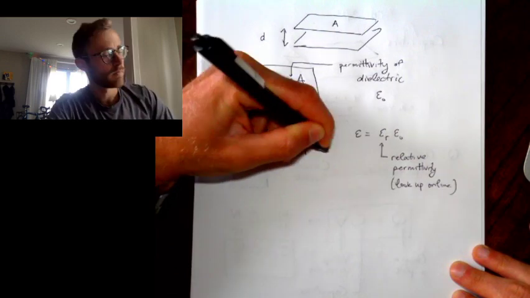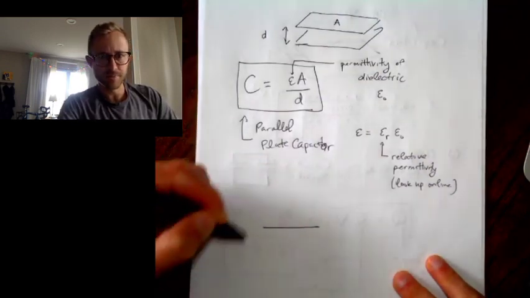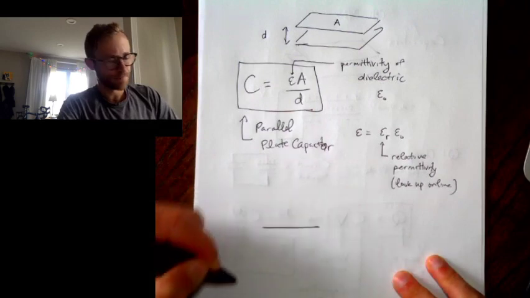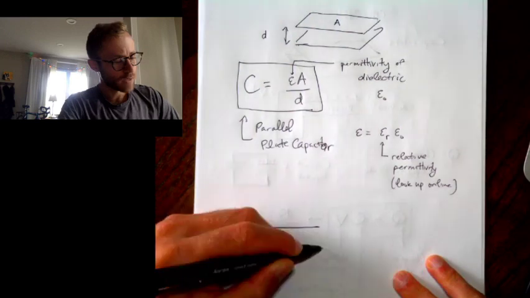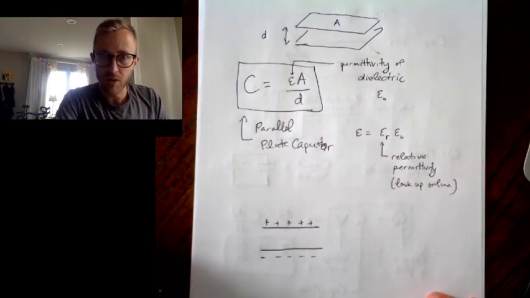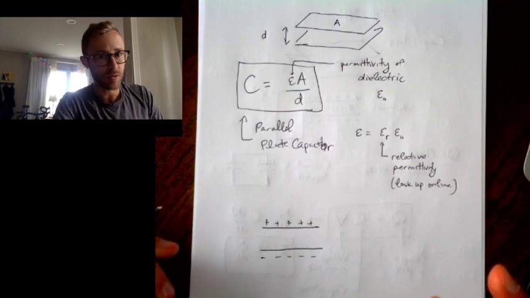Now let's go back to a capacitor in side view. So you've got the positive capacitor plate, and you've got the negative capacitor plate. What does the electric field look like between the capacitor plates?